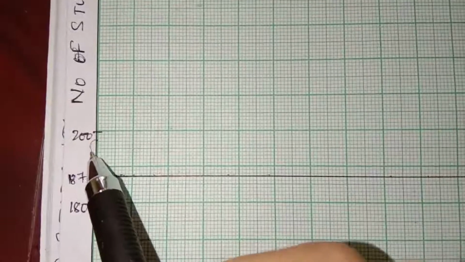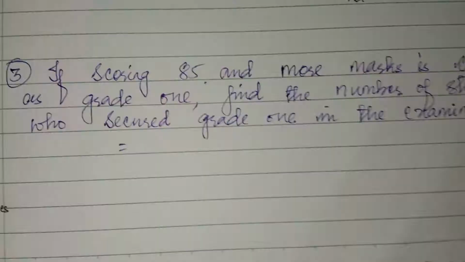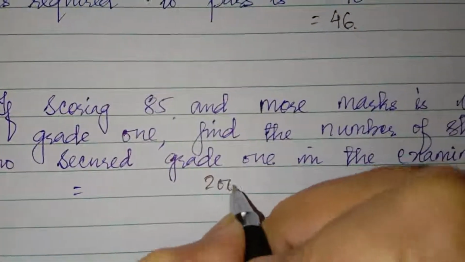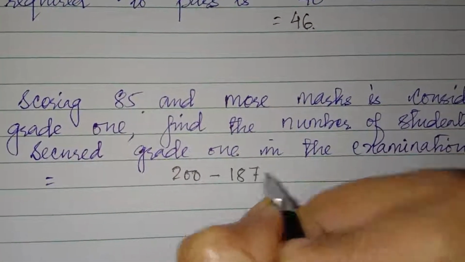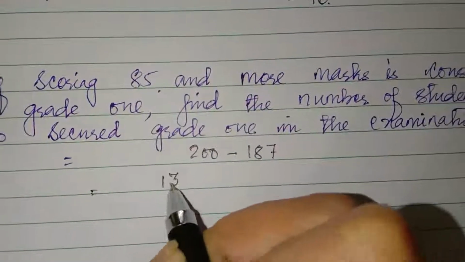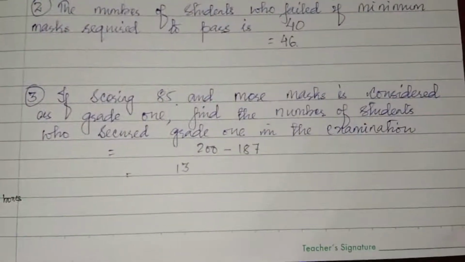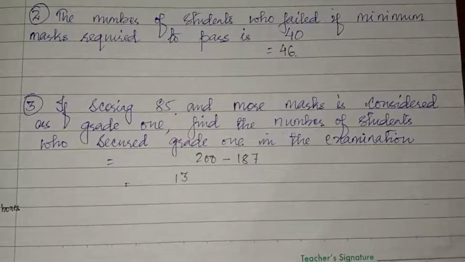That means 187 students scored less than 85. This gap will give you the number of students who scored more than 85 marks. So 200 minus 187, 13 students. So 13 students scored grade 1 in the examination.